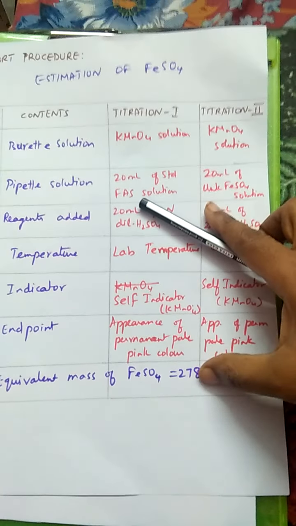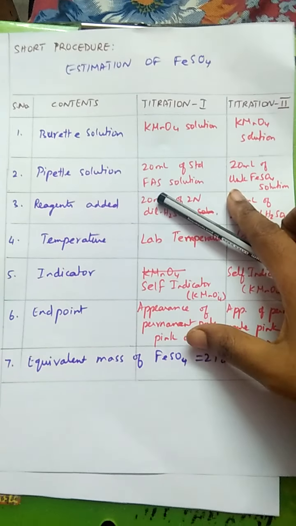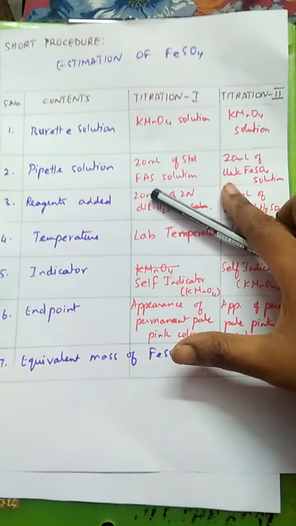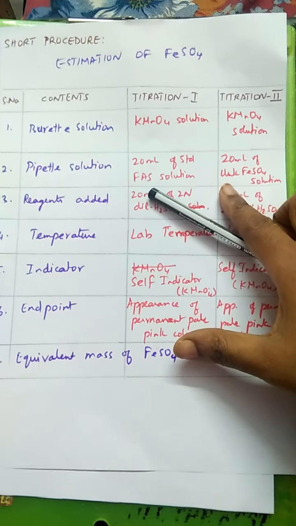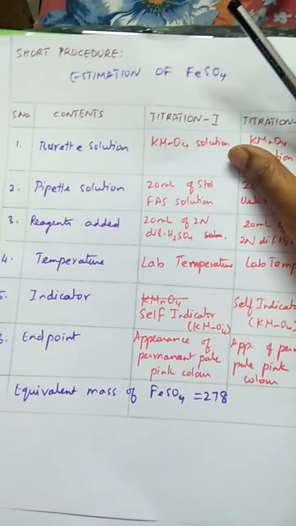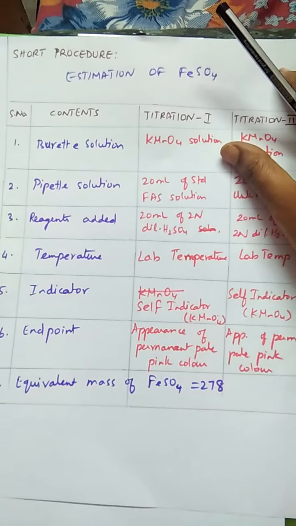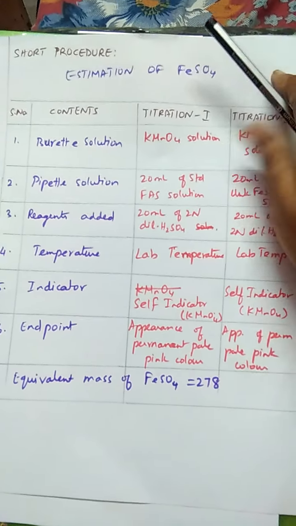Equivalent mass of ferrous sulfate is 278. Eighth point, you may also write normality of ferrous ammonium sulfate standard, which is given, whose normality is 0.1102. Okay, that's all about the short procedure for volumetric analysis. So in the next video, I will explain the tabulation and calculation.